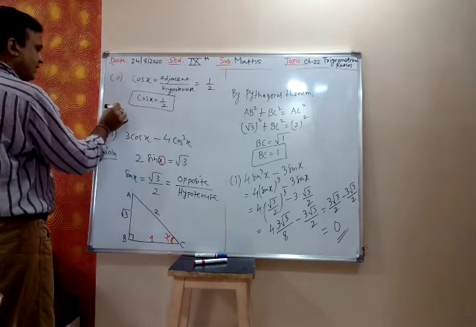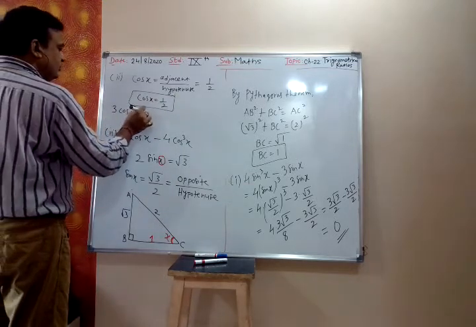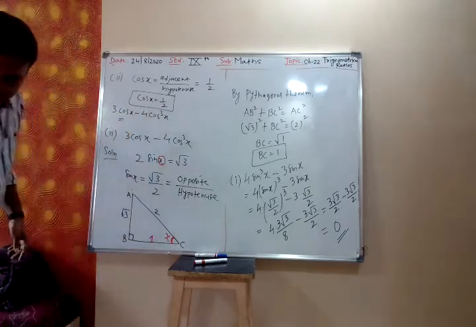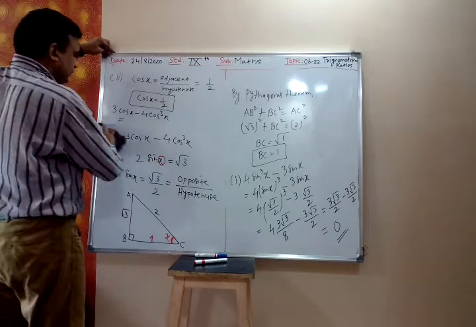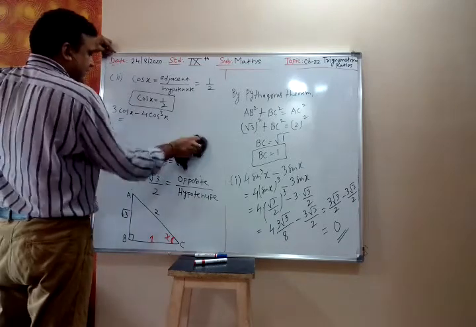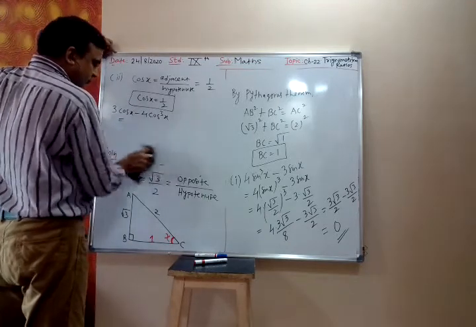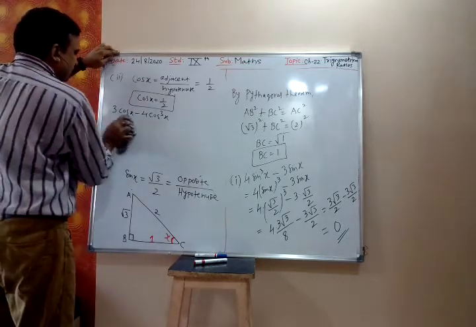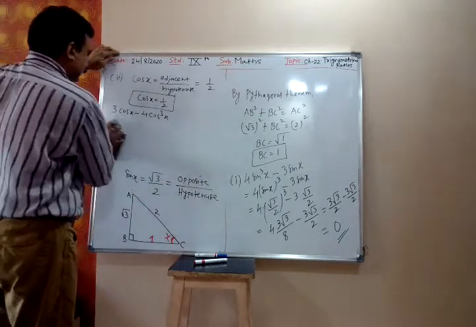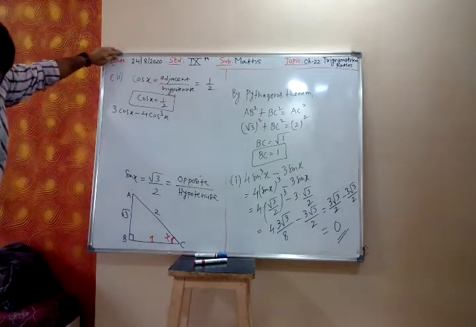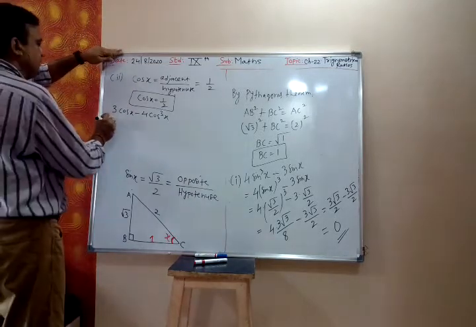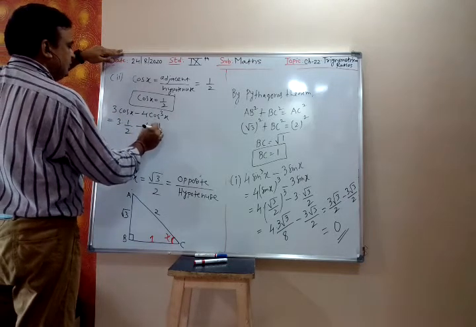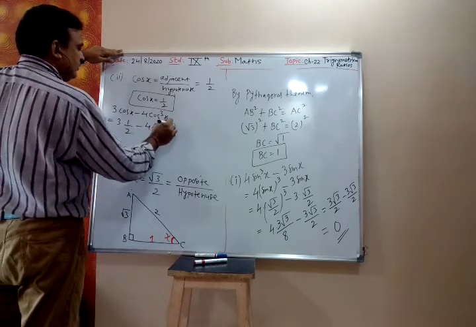So now we consider 3 cos x minus 4 cos cube x. Just put the value of cos x and simplify. So 3 into cos x is 1 by 2, minus 4 into cos x is 1 by 2 whole cube.